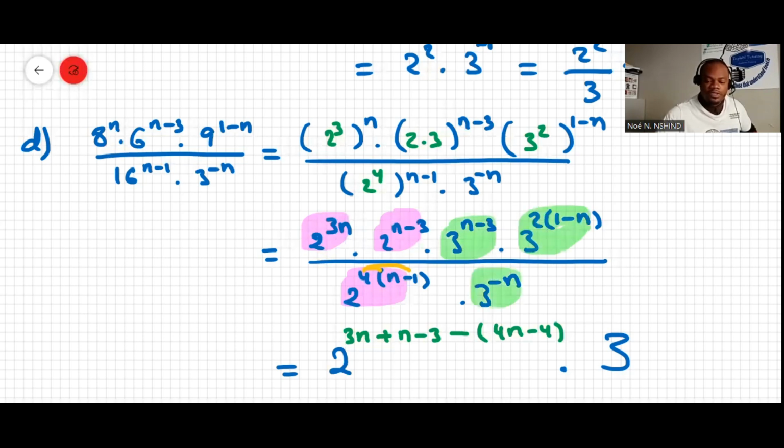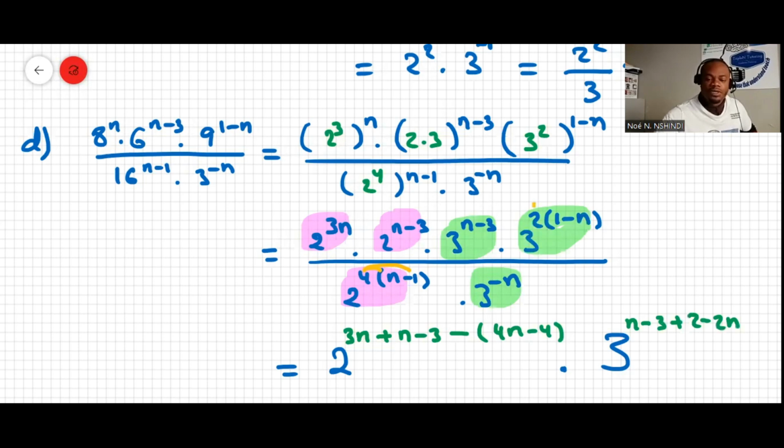So we can just write here n minus 3, plus over there it's going to be 2 minus 2n.